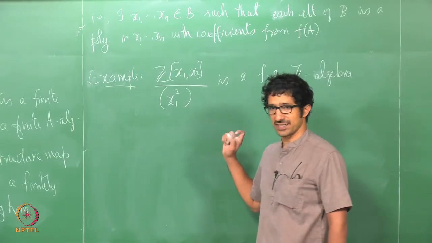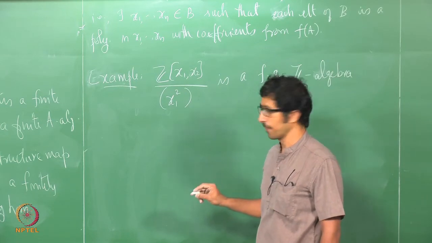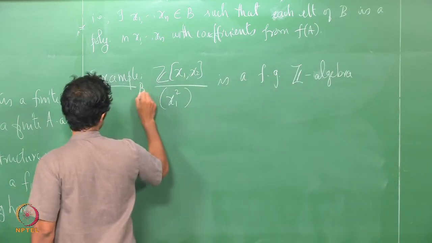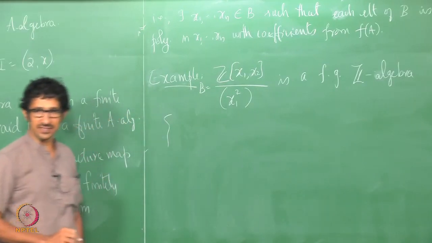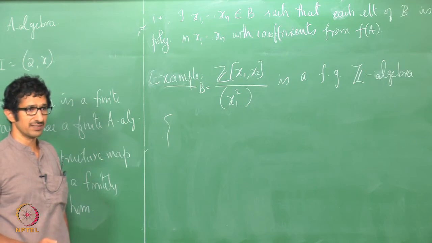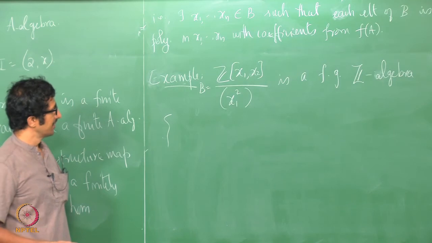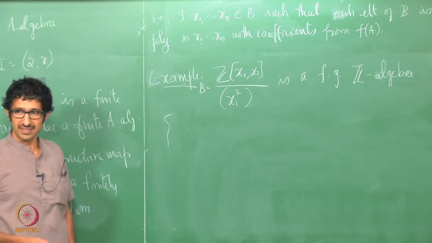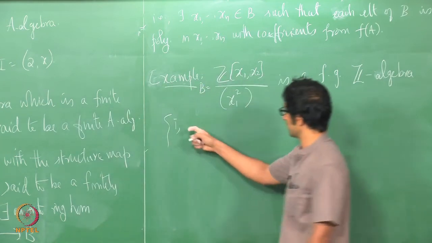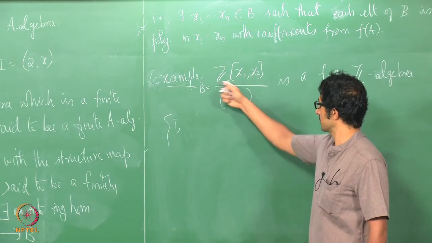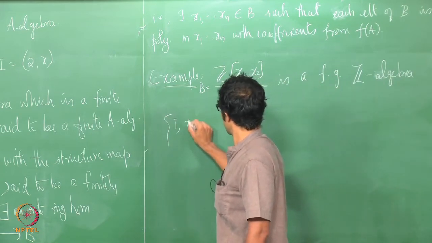Is this a finite Z algebra as a Z module? Can you tell me a generating set for this? B is this. Can you tell me a generating set for this as a Z algebra or Z module? I will have, of course, one bar, I will denote by bar because this is a quotient ring. I will have x1 bar.